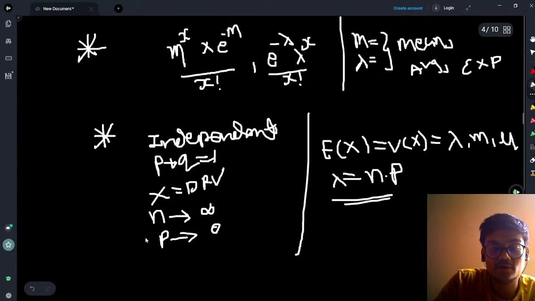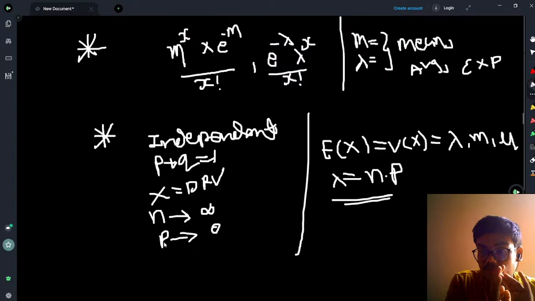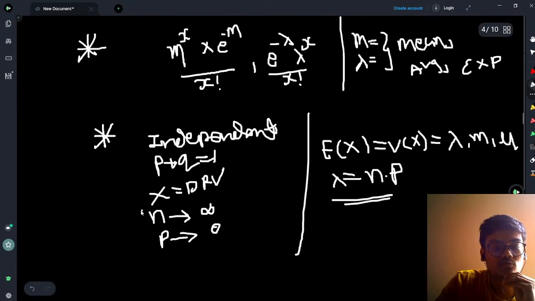If the difference between n and p is very high, for example p is 0.01 and n is 1000, then infinity is not a specific value. Infinity comes with respect to something: for minus 1 lakh, 1 million is infinite. So that is how we check with the values of n and p.